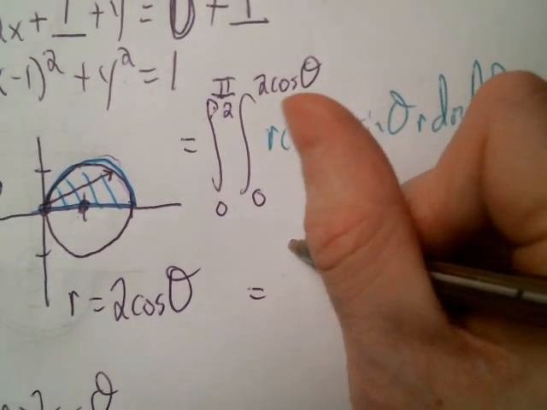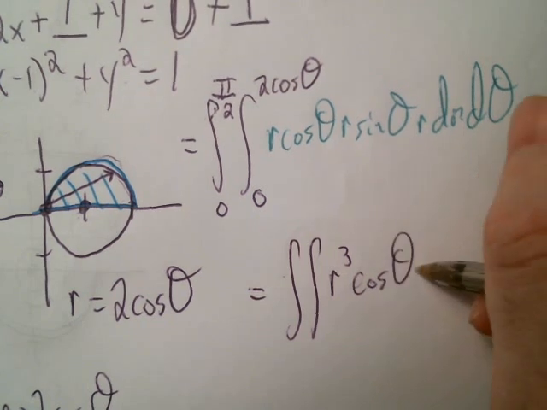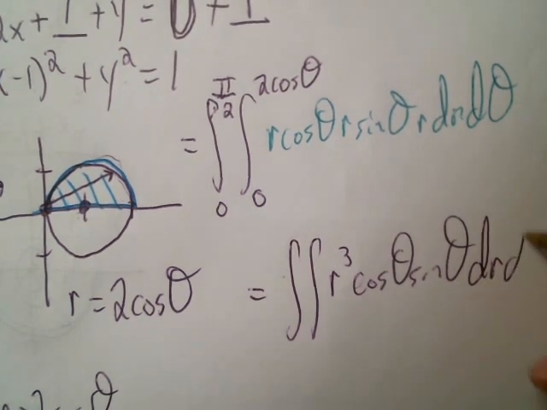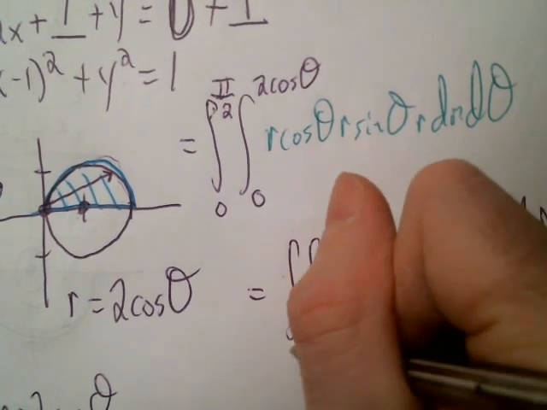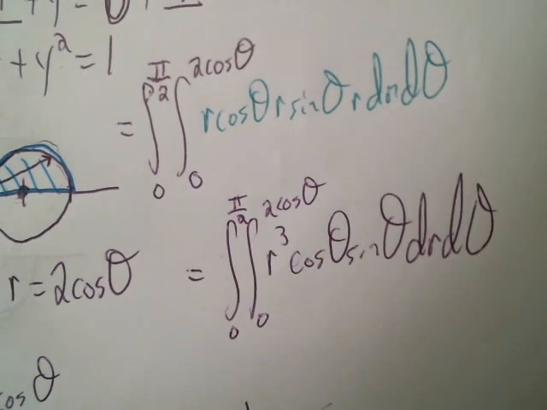This equals the double integral of r cubed cosine theta sine theta dr d theta, from 0 to 2 cosine theta, and 0 to pi over 2. And that would be your answer. Just setting it up.